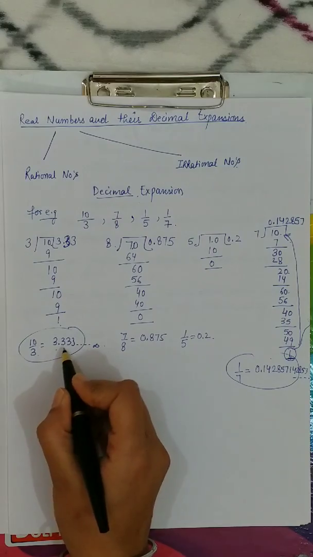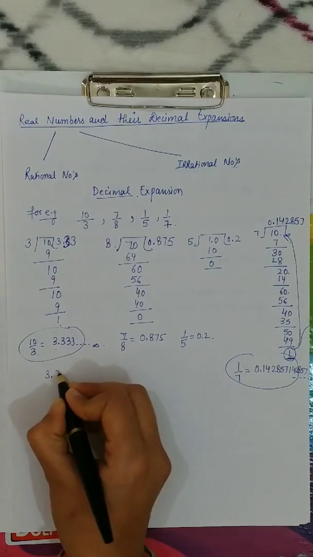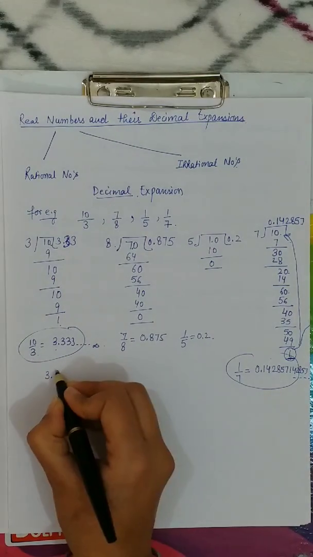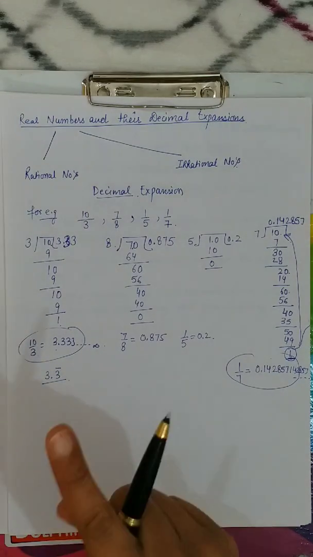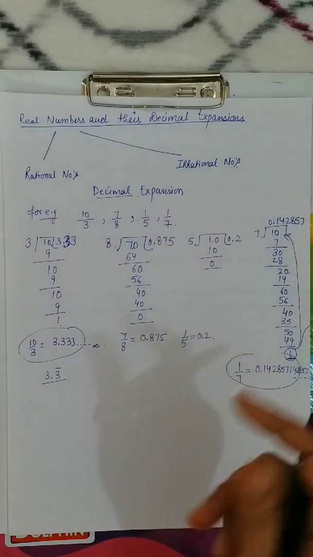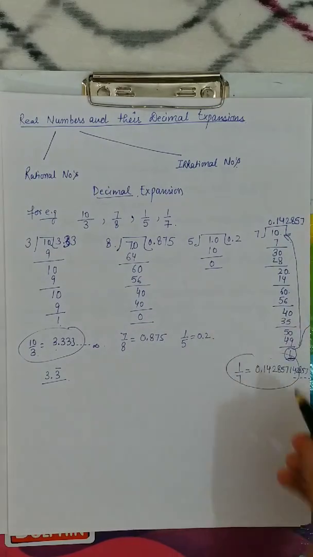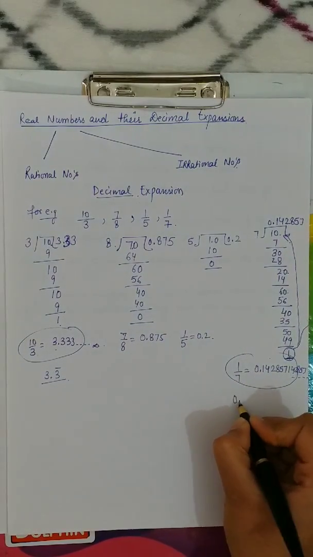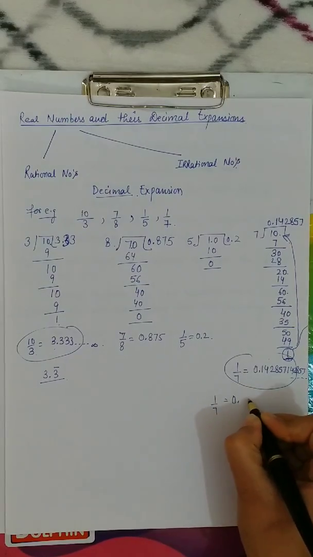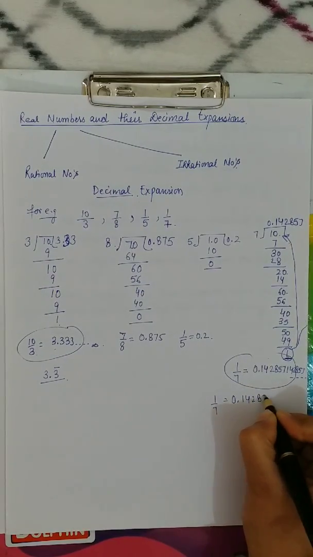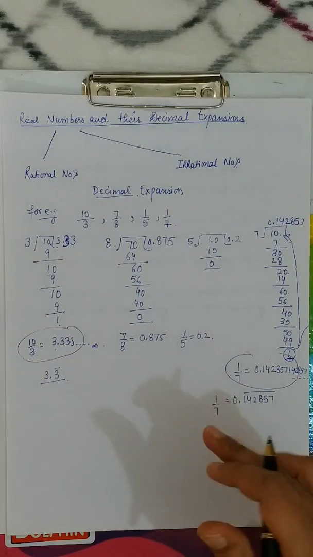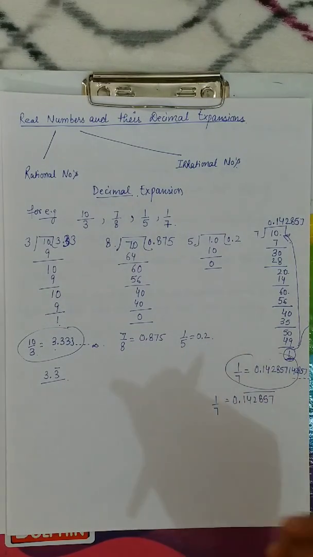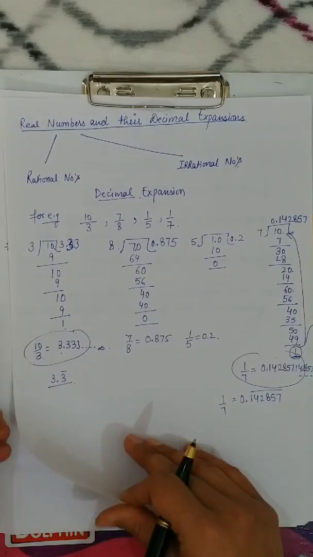As in 10 by 3, we get the same digit 3, 3, 3 again and again, so we can write it as 3.3 bar because 3 repeats. And in 1 by 7, we get the repetition of digits 1 4 2 8 5 7, again 1 4 2 8 5 7. Clear? So what can we conclude?